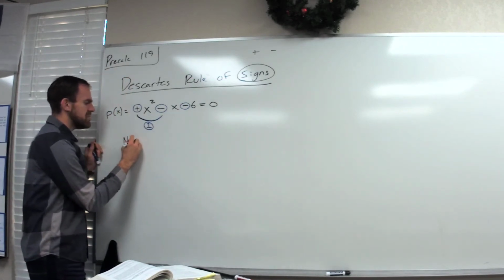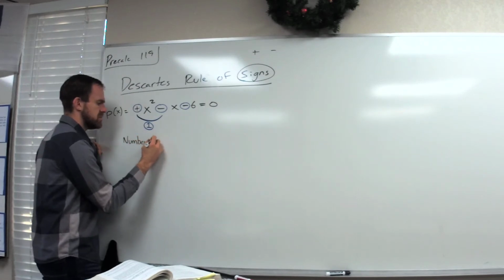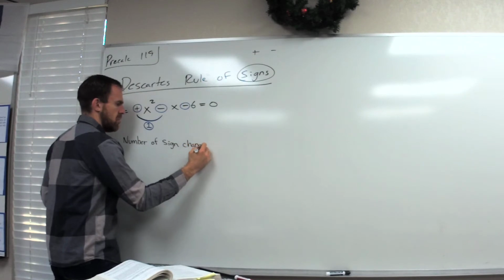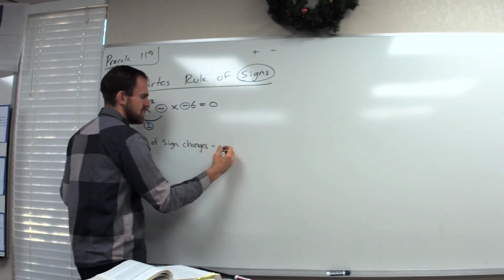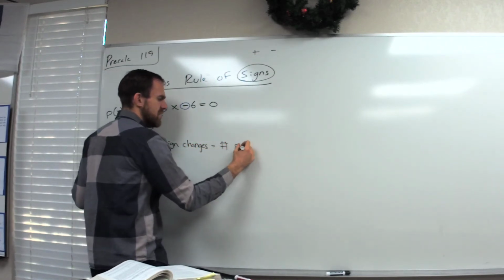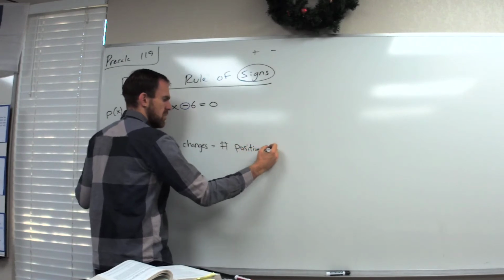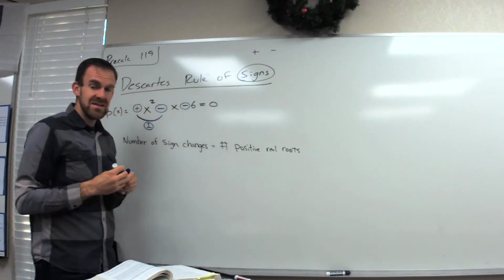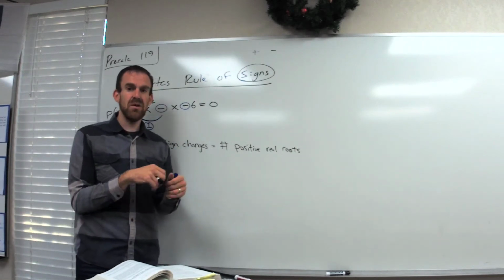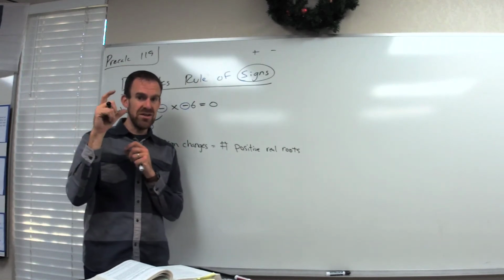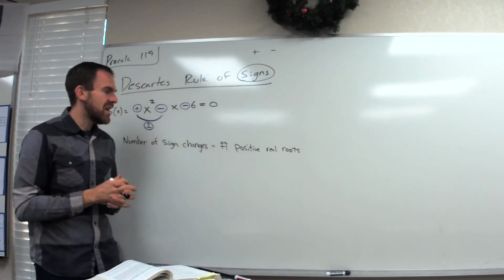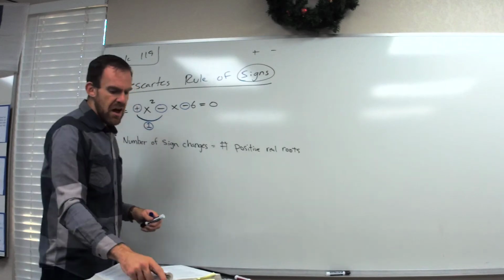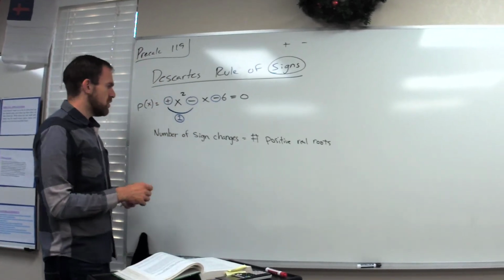So we have the number of sign changes equals the number of positive real roots. So again, this doesn't guarantee rational roots, which is what we were talking about earlier with the fractions. You're just going to have roots that are positive numbers and not imaginary. That's it. Now, what about the negative real roots?